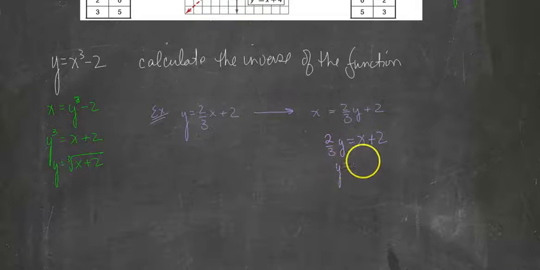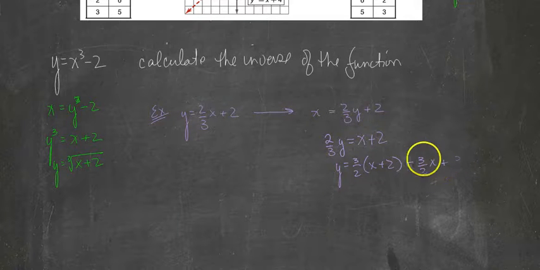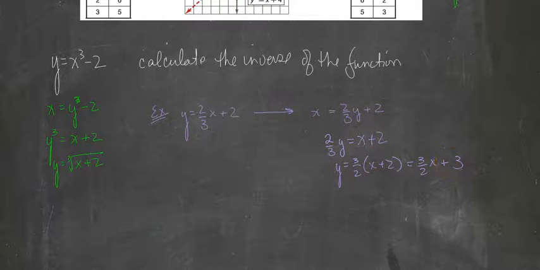So y equals 3/2 times x plus 2, which is the same thing as 3/2 x plus 3. So I'm saying, and in fact I'm not really positive I'm right because I haven't worked this problem before, that this function is the inverse of this function.